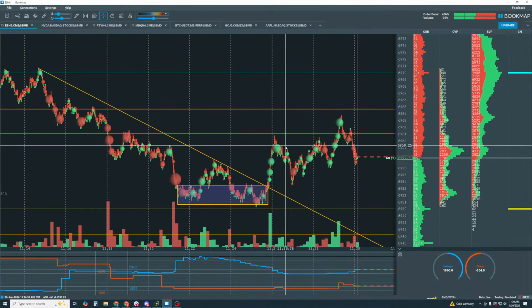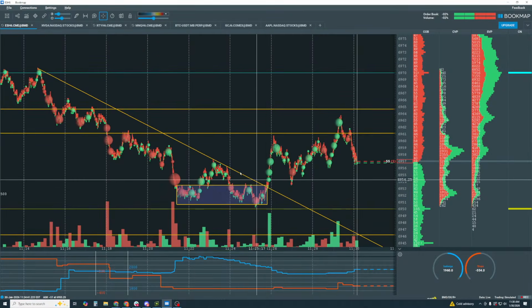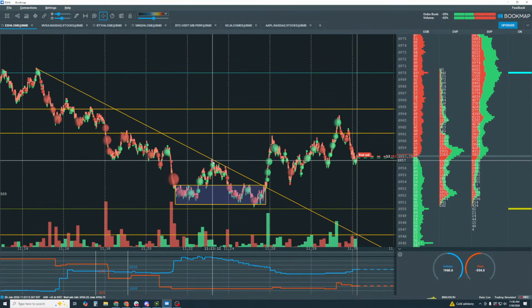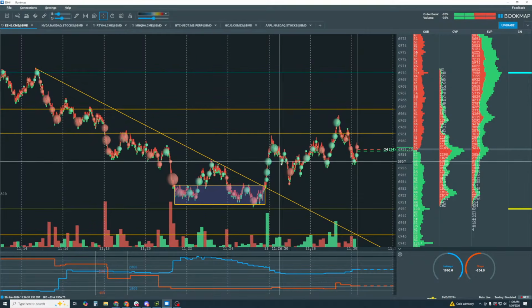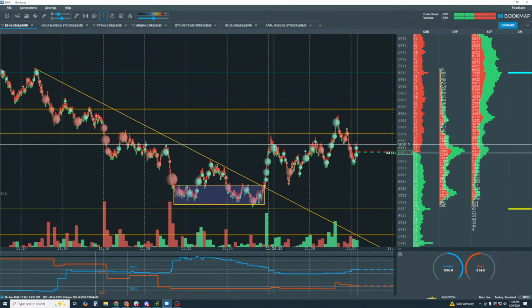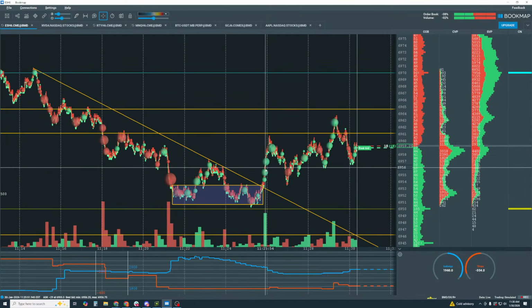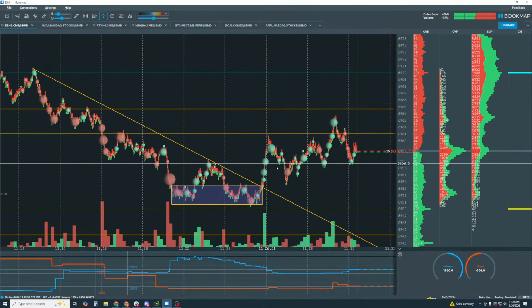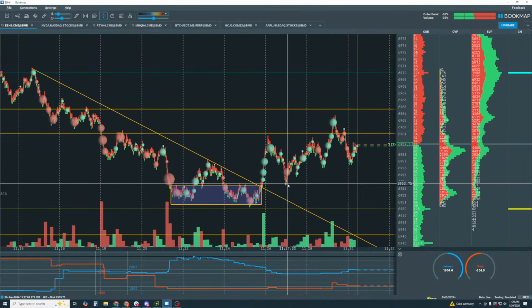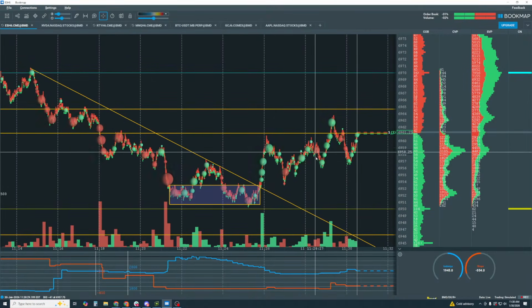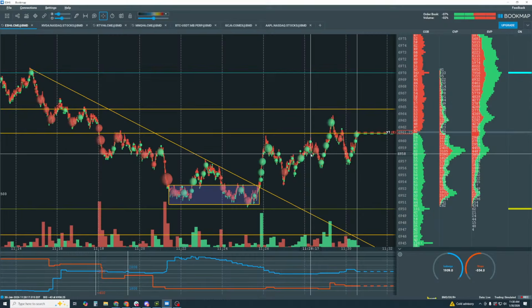Okay, so we broke out of this little structure, and this structure here is a bigger structure. It broke out of it, it failed, and it came back in. It retested back down here where these buyers came in, and we got some selling, but a little bit of back and forth, and we got some buying, and this is kind of hard to read in here.